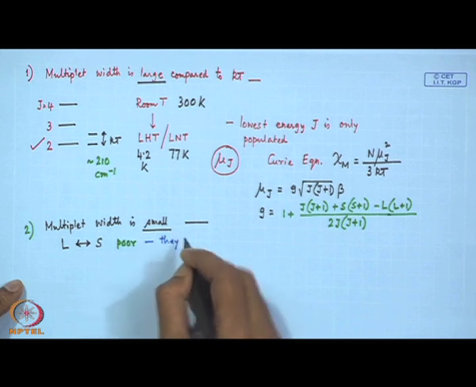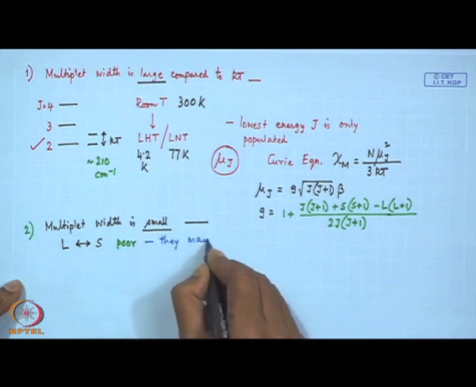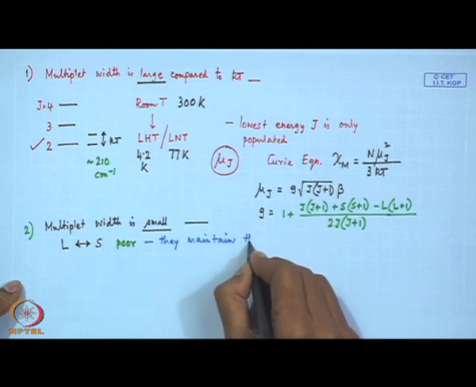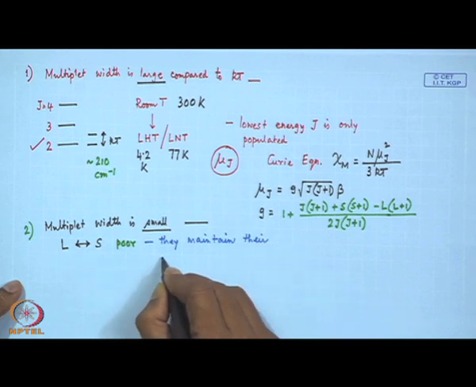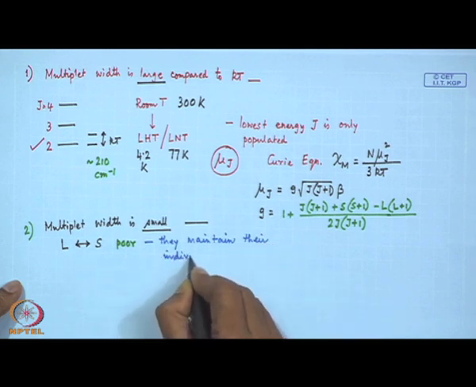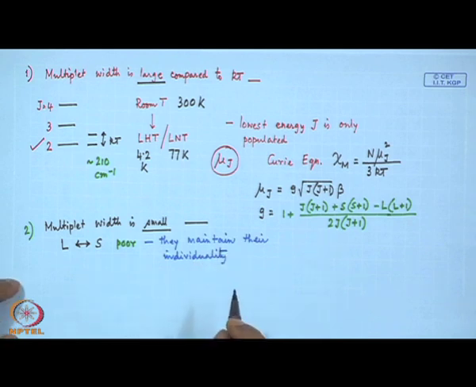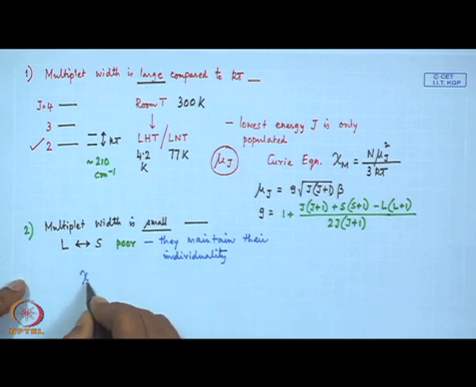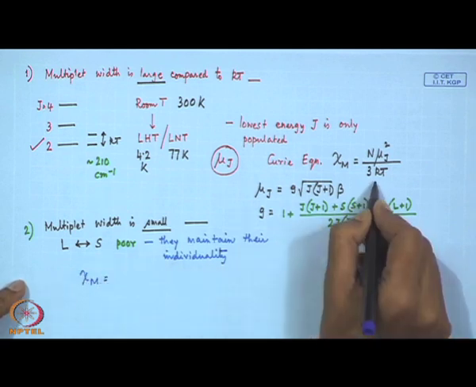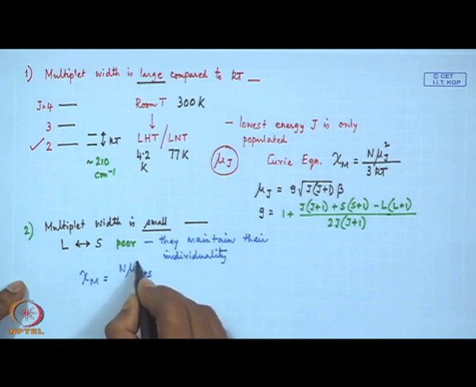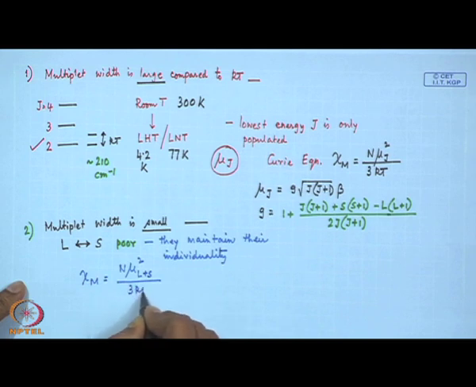and as a result these two individual terms maintain their individuality. And we now get this chi m value as N mu L plus S square divided by 3 kT.